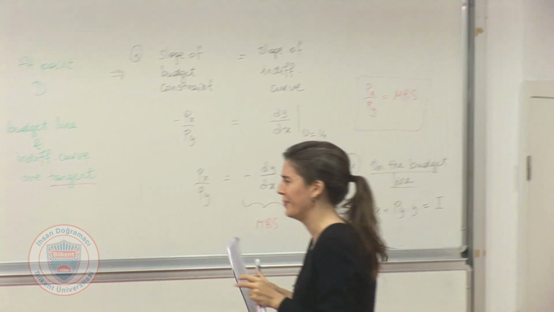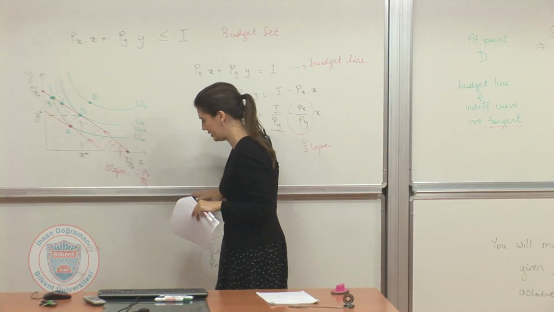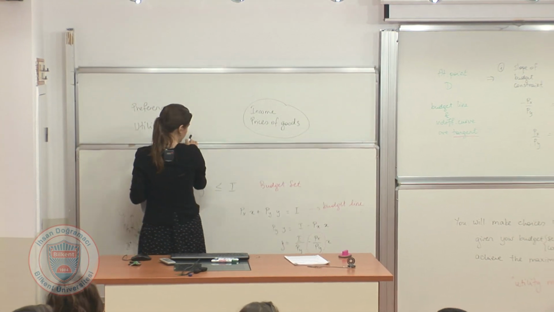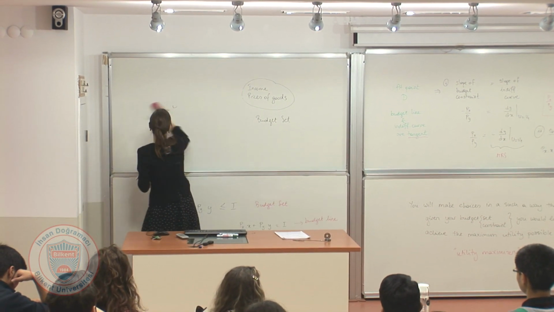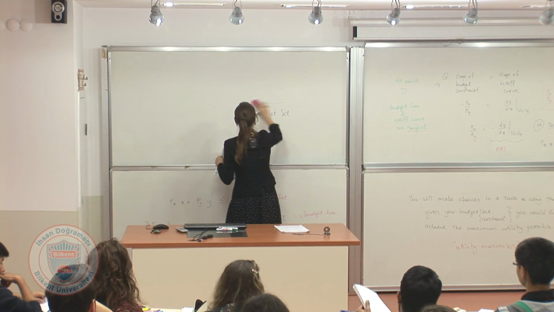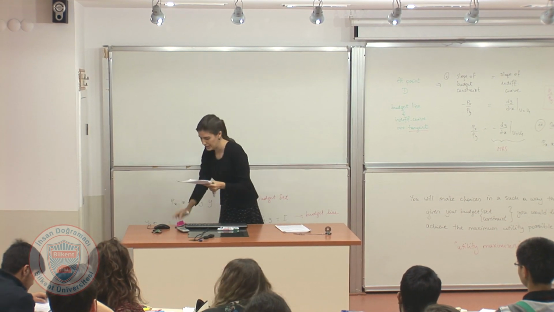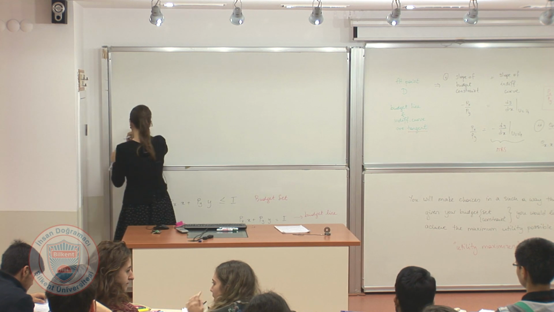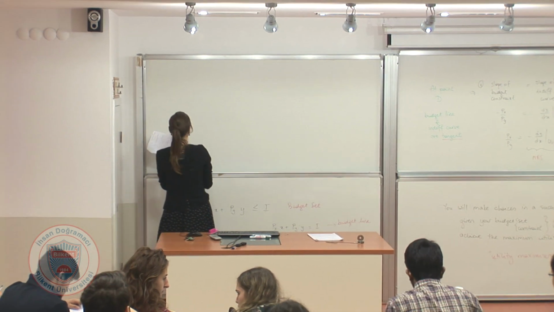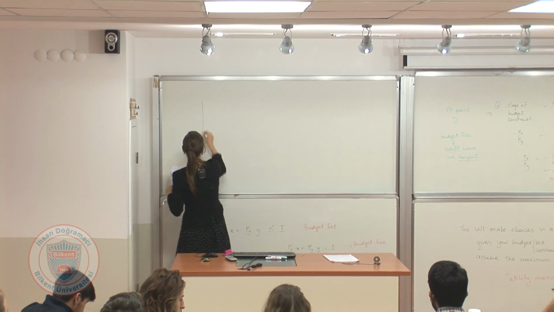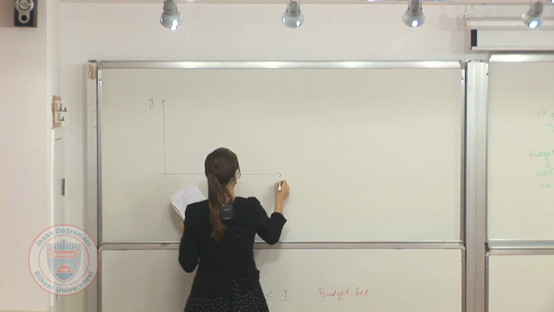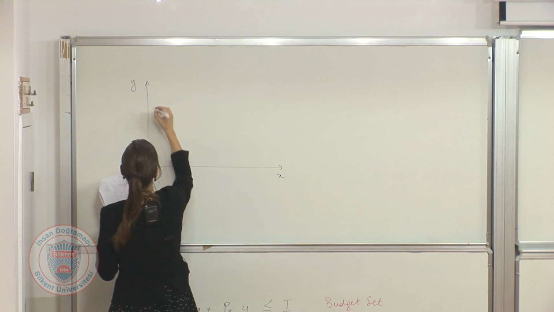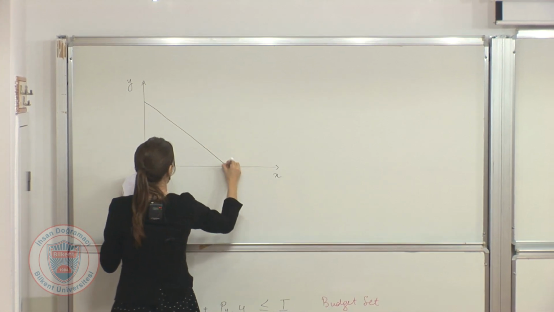Okay, let's see. Let me draw you another. Now, let me draw you indifference curves like this. I'll also draw the budget constraint.